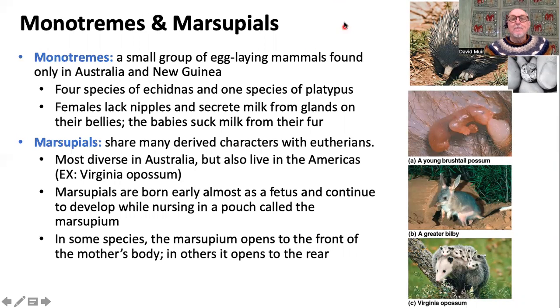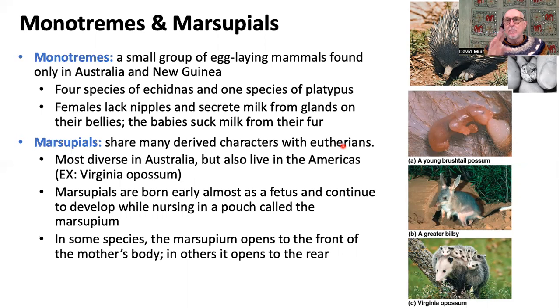Here are the monotremes. They are remnants of a very ancient group, and we look at them and are able to visualize perhaps what a very primitive mammal looked like. Because these are mammals which actually lay eggs. There are two groups.